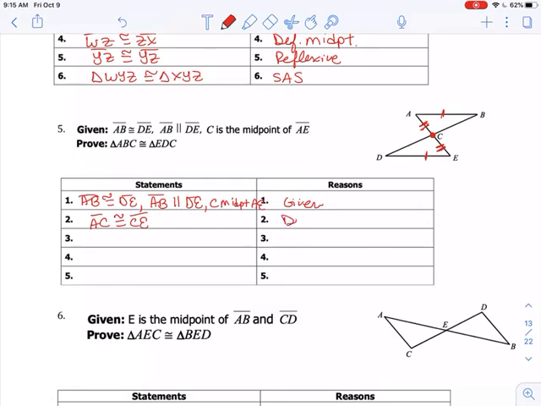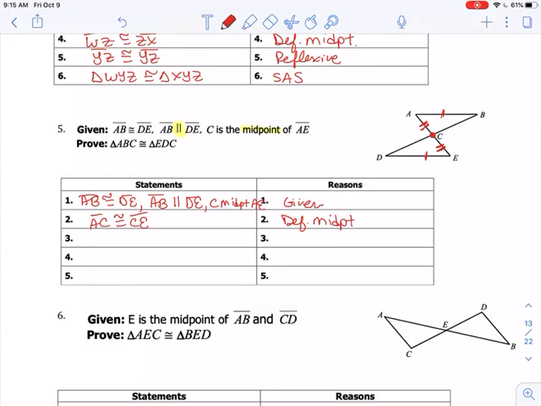I need to write the statement, AC is congruent to CE. And the reason is definition midpoint. For those of you who don't have a printed packet, you can just draw a quick little sketch of the picture. It doesn't have to be perfect by any means.